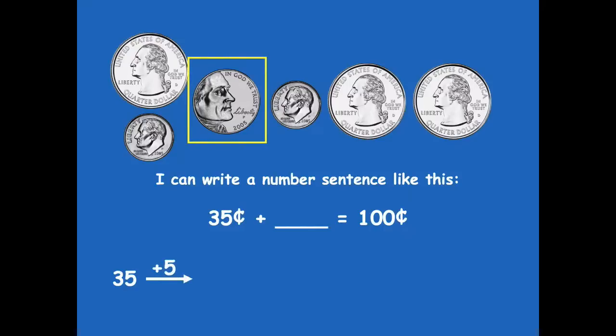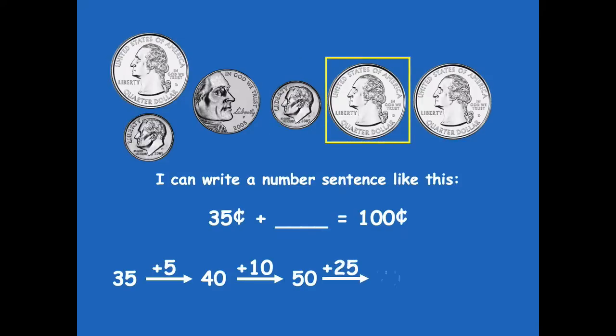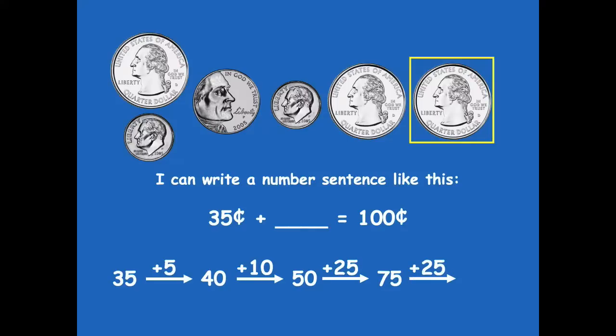Then I'm going to add on my 5, my nickel. We're going to add on a dime, 10 cents. And then remember, when we add on 35 plus 5, we get 40. 40 plus 10, we get 50. And then we're going to add on a quarter, which is 25. Now we're at 75. Our other quarter brings us to 100. So we can use the arrow way to help model this for us.